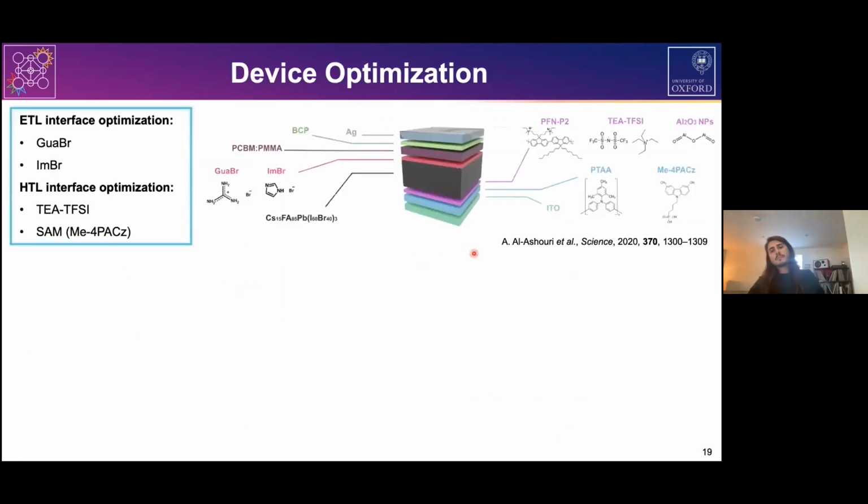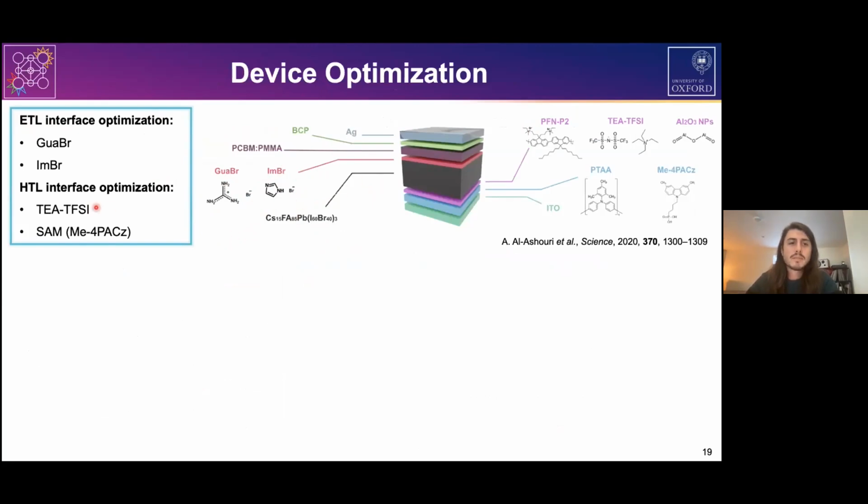Now, what we did here is try many different types of optimizations. Focusing on the ETL interface, we modified the perovskite surface using either guanidinium bromide or imidazolium bromide as surface modifiers.